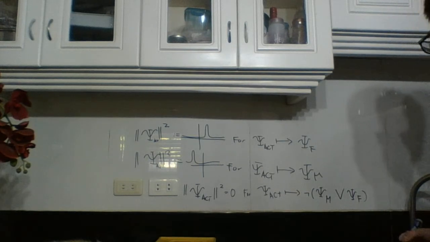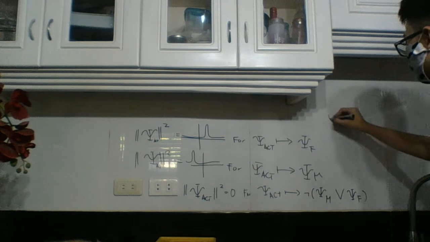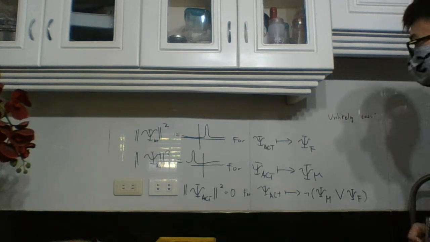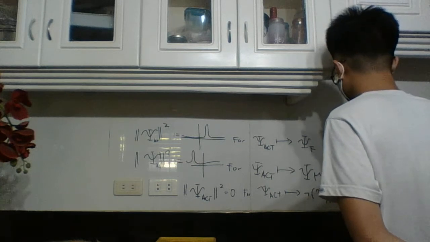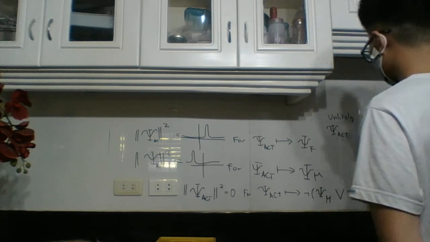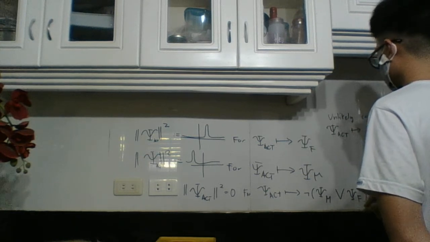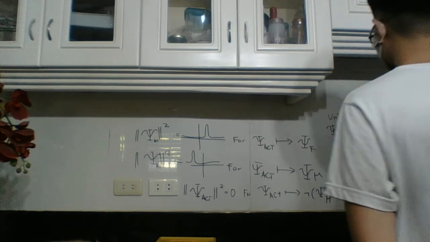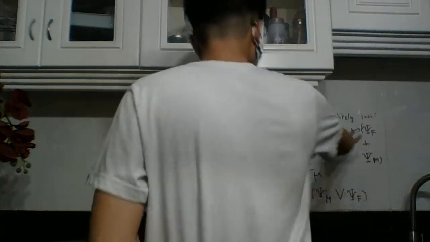So there's the 4th case, unlikely case, that psi actual collapses onto a sum of psi f plus psi m. Yeah, but we're going to disregard that case for now.